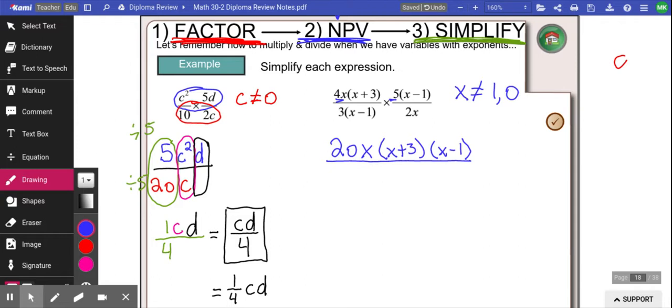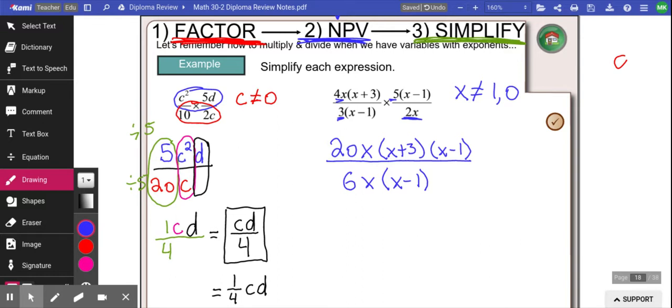Monomials go together, so I have a 3 as a monomial and a 2x as a monomial. That would become 6x. And then I leave the x minus 1. I do not expand that stuff out. I've successfully written it as one fraction. I can now work to reduce that fraction.